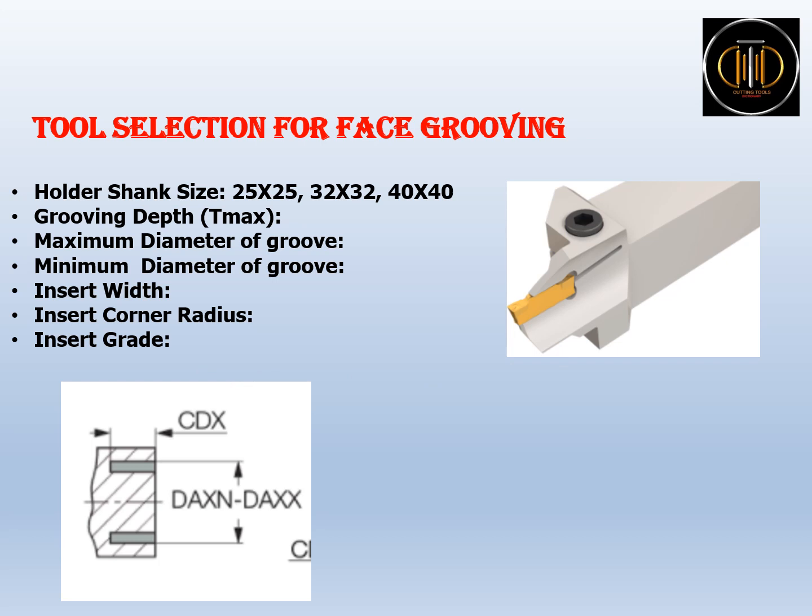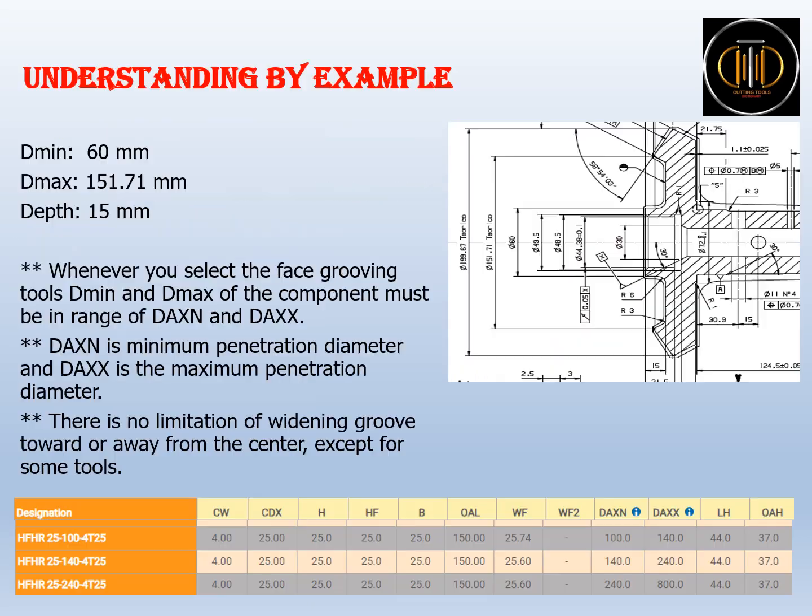Then insert width, corner radius, and insert grade. Now let's understand with an example how to select a face grooving tool. In this component you can see the face grooving operation. Here this diameter is D-max 151.7 and this is the D-min, diameter 60.